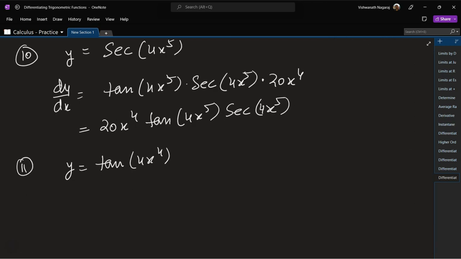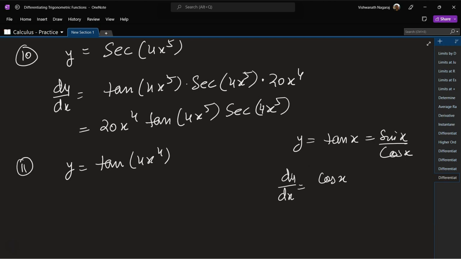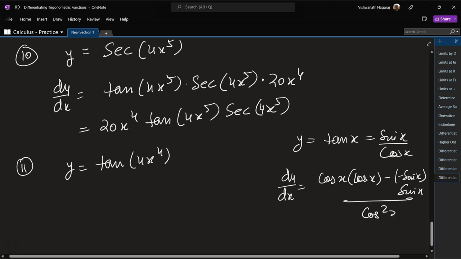Now again let's take the simplest case. Y is equal to tan x, which can be written as sin x by cos x. And we can apply the quotient rule. Dy by dx is equal to cos x as it is, derivative of sin x is cos x, minus, minus sin x divided by cos square x.